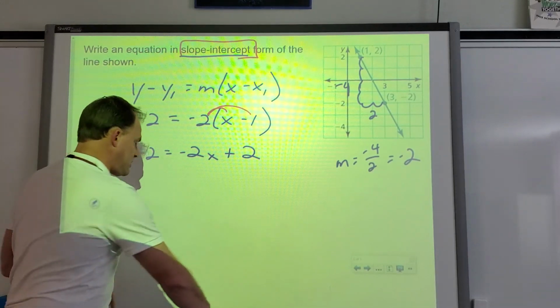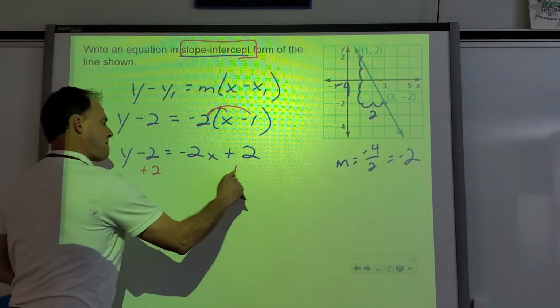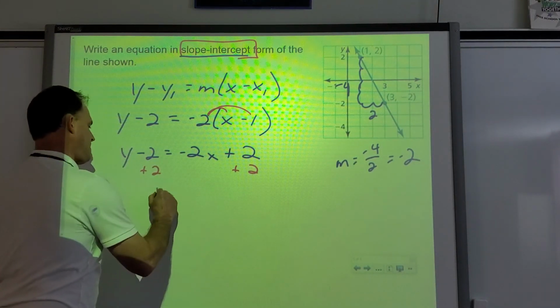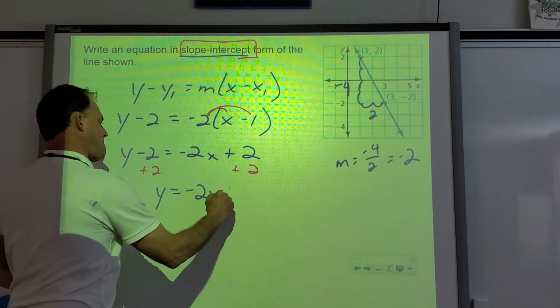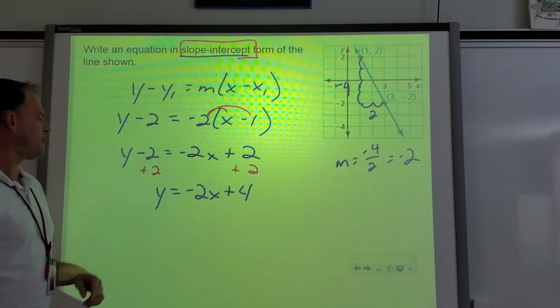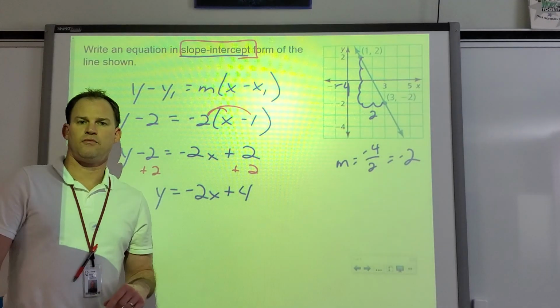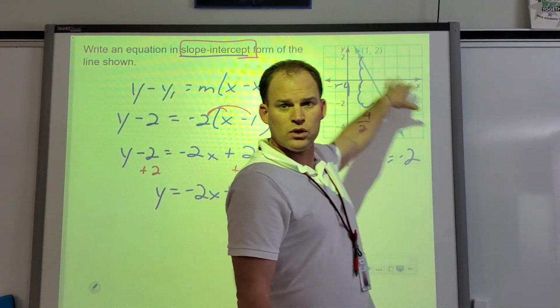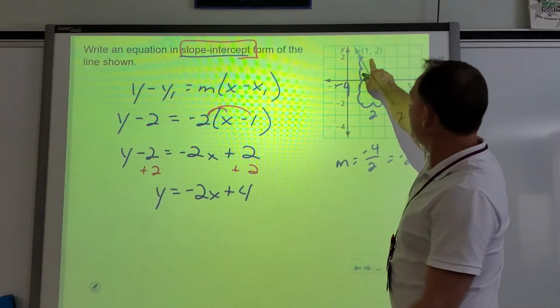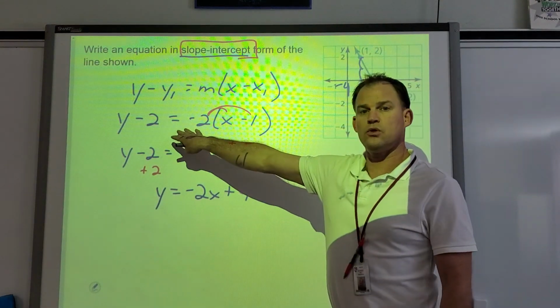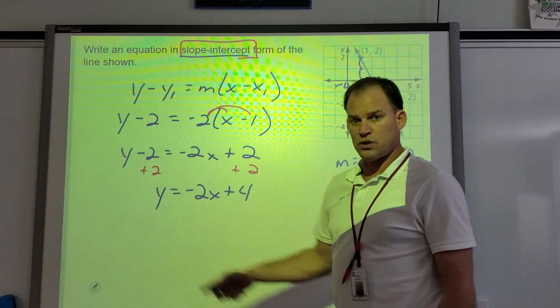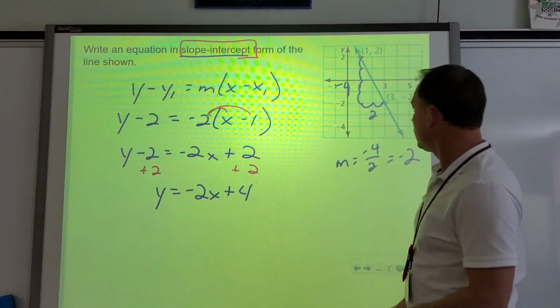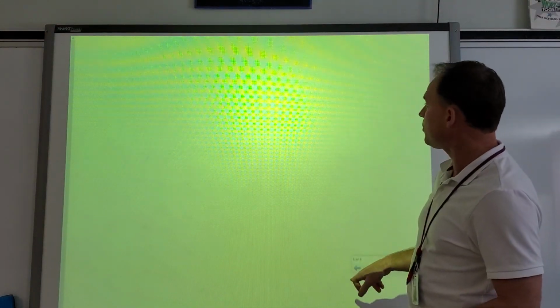Now get y by itself. So now I have my answer in slope intercept form. All right. I found the slope by counting. I picked a point to do the substitution, and then did the 2 steps to get it in slope intercept form. Let's take a look at one more type of problem.